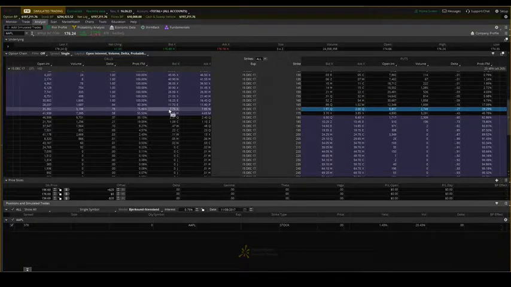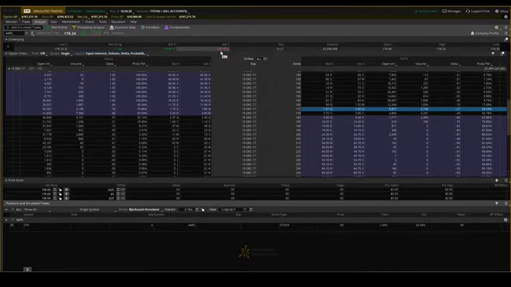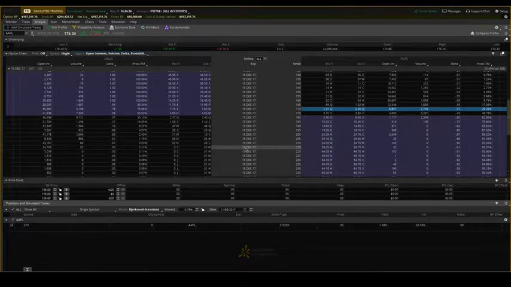Now, conversely, over here on the call side, say you were buying some stock here at 176, the current price, and you wanted to know, hey, what's the probability that Apple's going to move up to and through, say, 185, 10 points by the 15th of December. What's the probability of that?